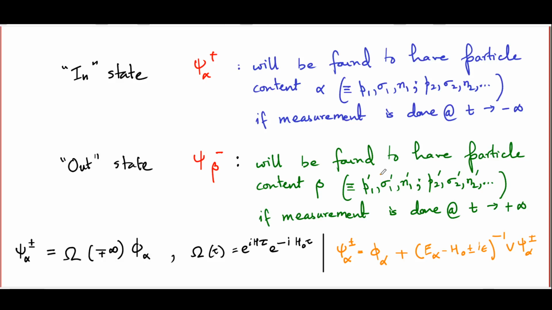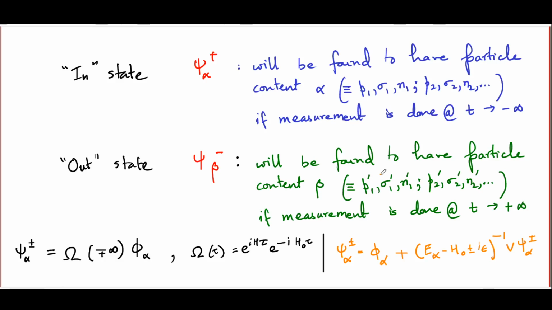scattering. On the right hand side, you see another expression for psi alpha plus minus, which is not really a solution for psi alpha plus minus in terms of phi alpha, because what you can see here is psi alpha plus minus is given by the free particle state phi alpha plus a correction term, which is E alpha minus H0 plus minus i epsilon inverse acting on V psi alpha plus minus.